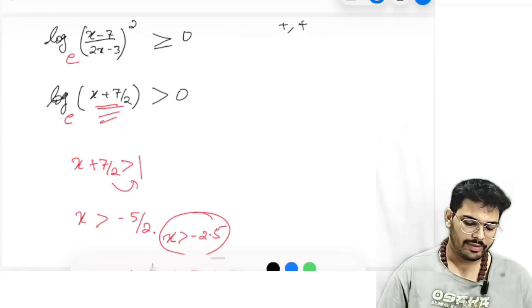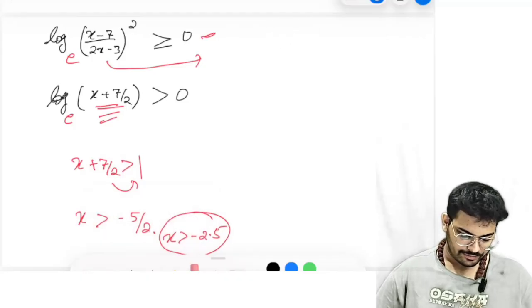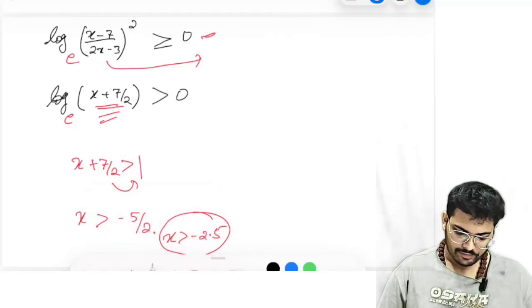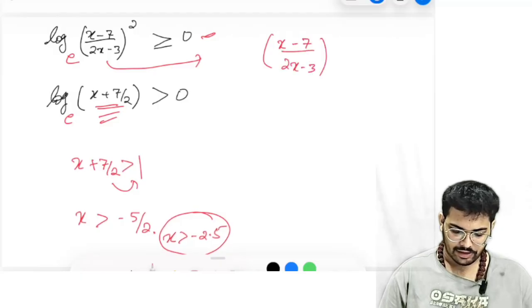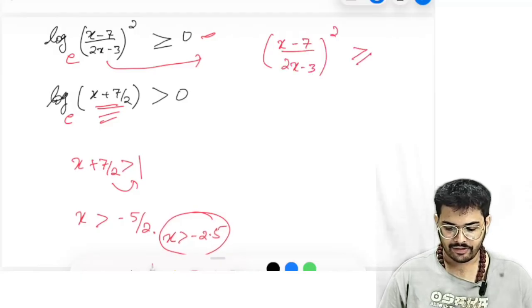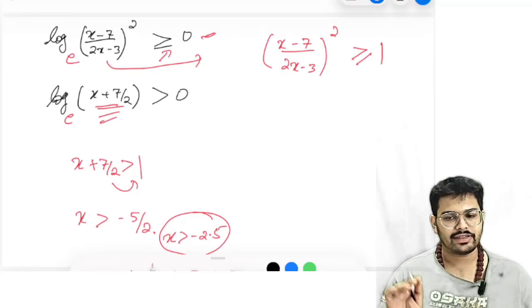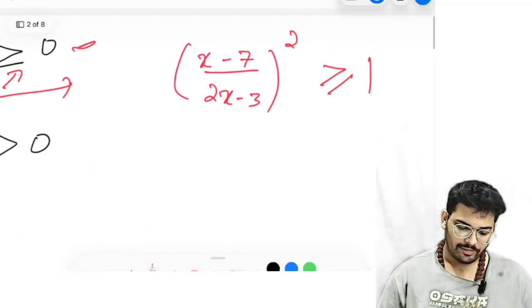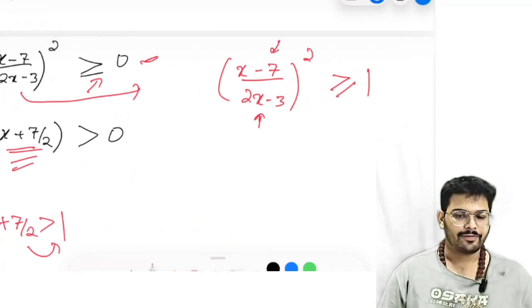Now the numerator should be greater than or equal to 0. Therefore ((x minus 7) divided by (2x minus 3)) the whole square will be greater than or equal to 1, because there is equality there, so its value can become 1. Now we will compare only the absolute value, because we are taking the square. We only need the magnitude of this thing.